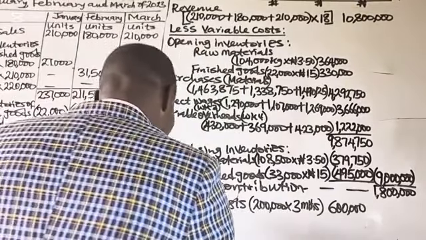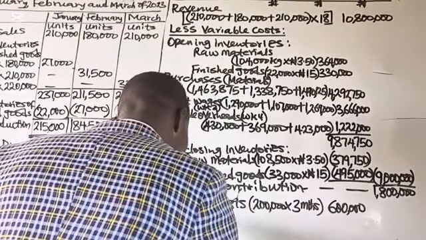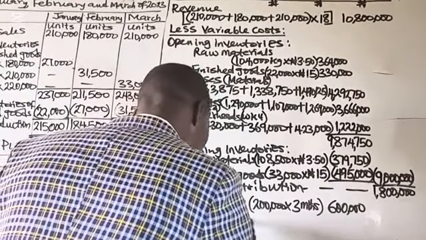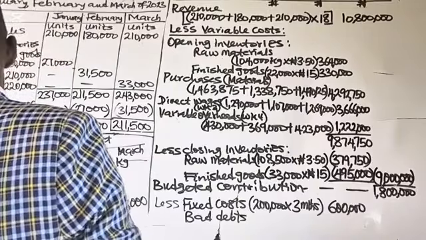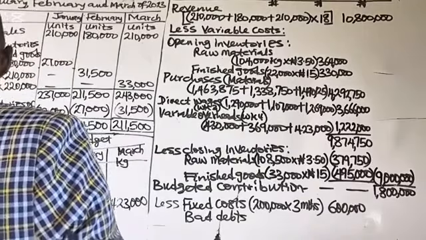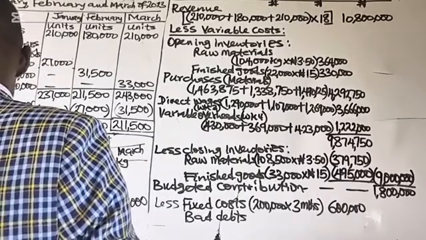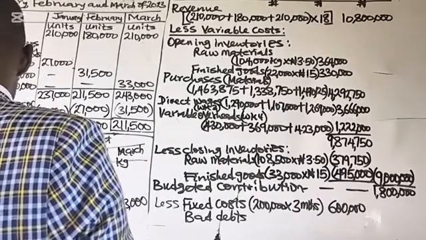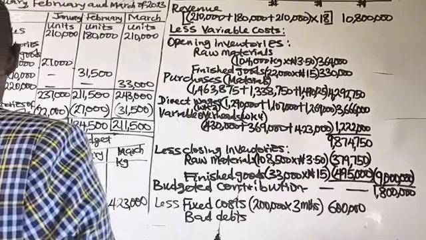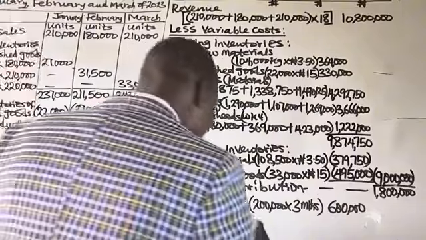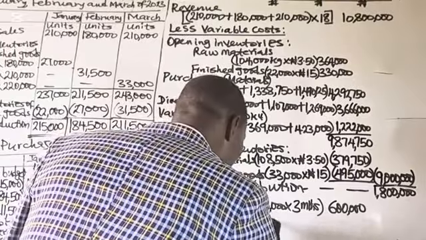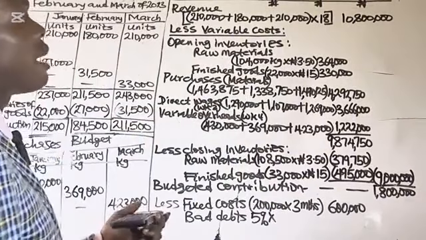Then we also have bad debts. You were told in the note, it is expected that 5% will be irrecoverable and will be written off in the month of sales as bad debts. So you calculate 5% of your revenue.